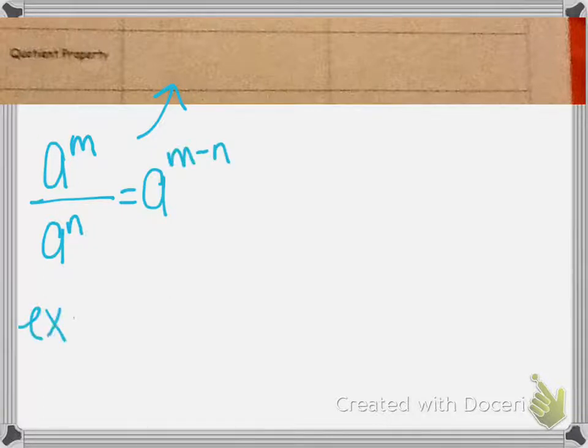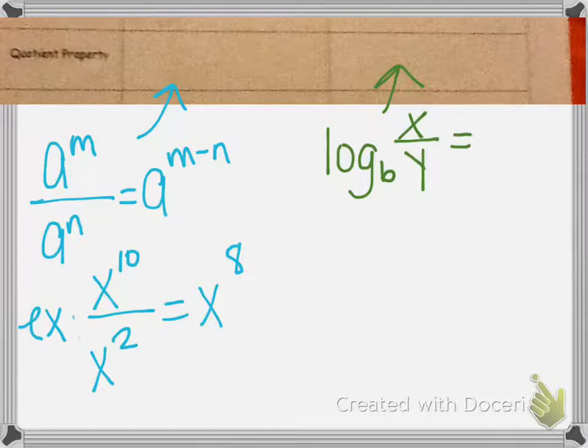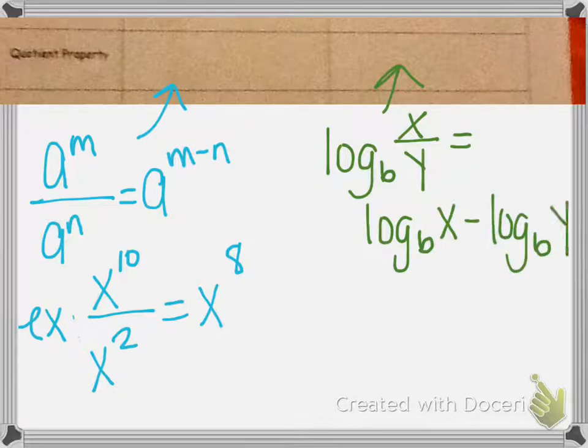For example, x to the 10th over x squared gives x to the 8th. For logs, if you have log base b of x divided by y, then that is equal to log base b of x minus log base b of y.